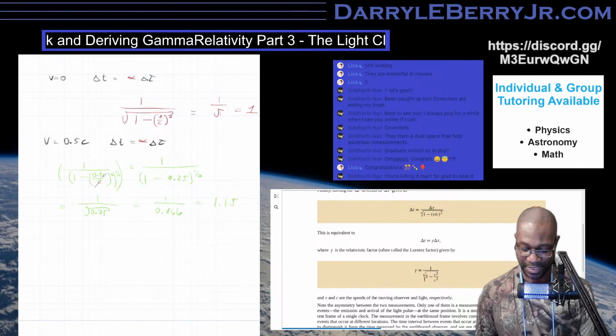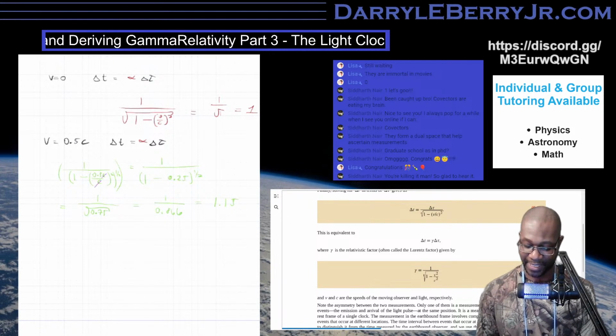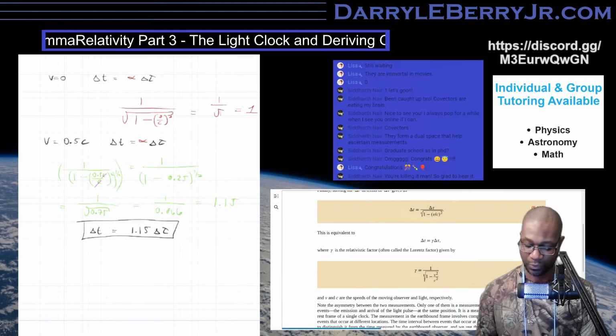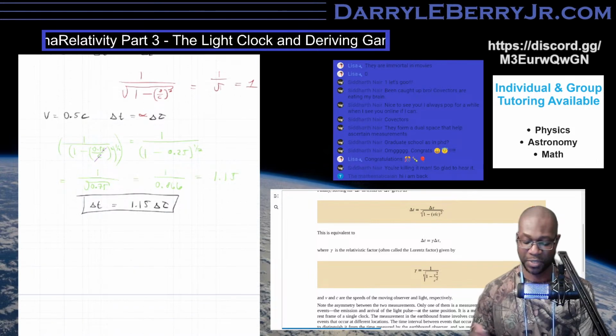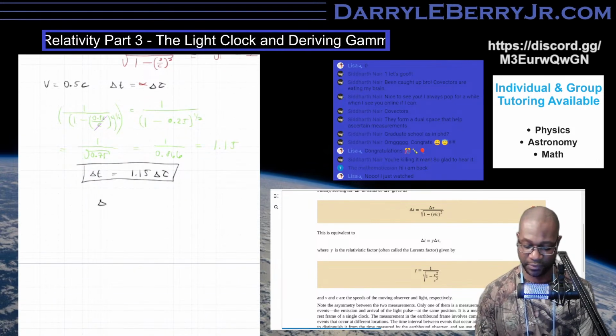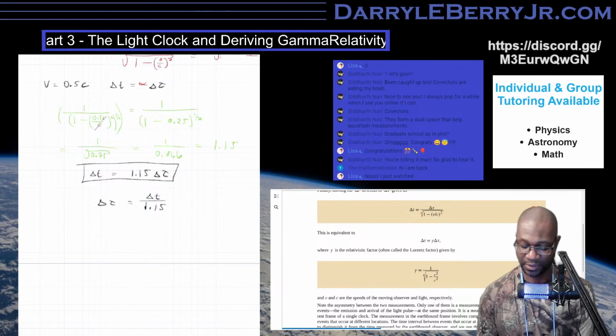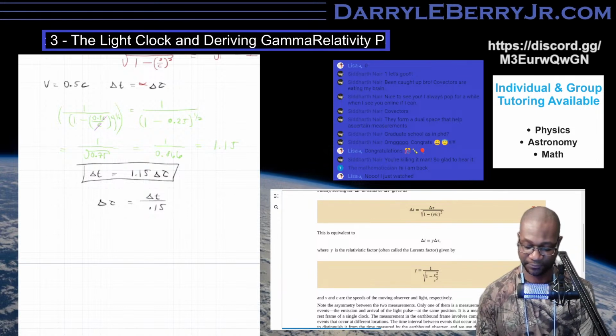So that means that if v equals half the speed of light, change in t, which is the ground time, equals 1.15 change in tau. And now we see why tau is proper time. If I solve for tau, we have to divide the time the person on the ground measures by 1.15 to get the time on the spacecraft.